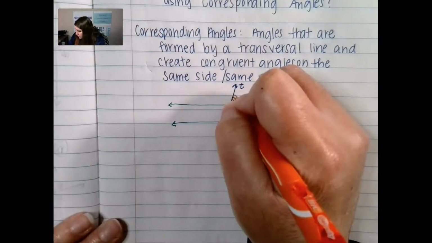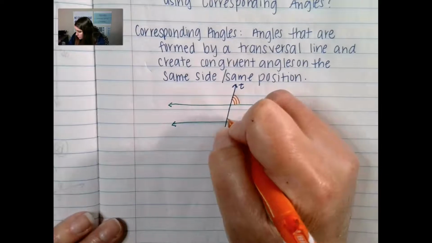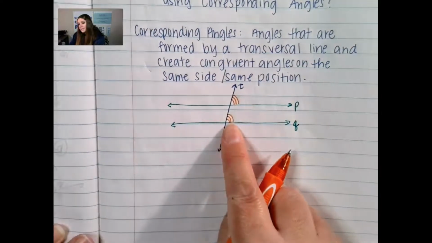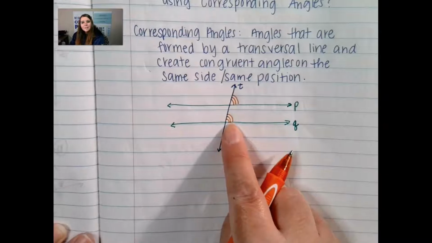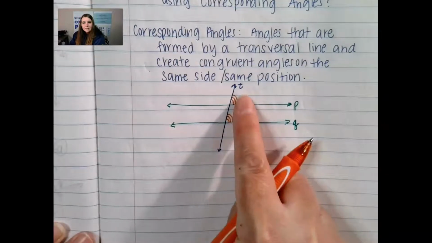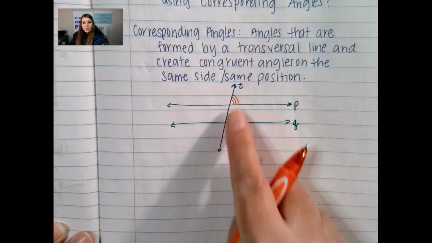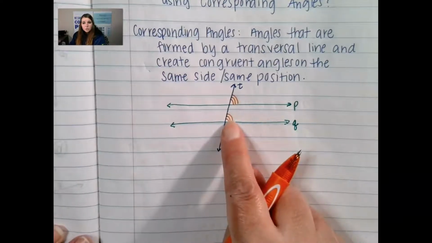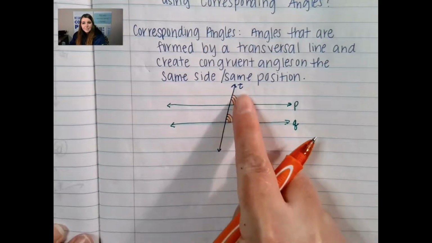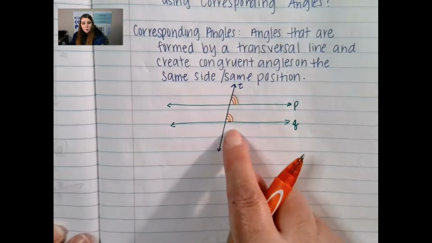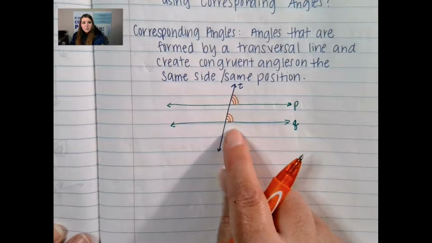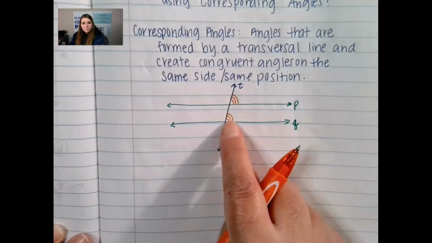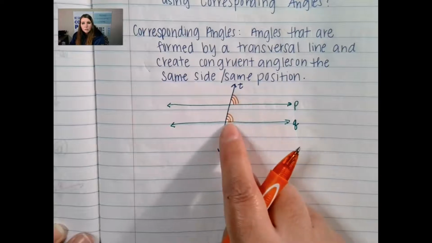It is in the same position and on the same side as this one. Top right-hand corner, top right-hand corner. So if we were to cover the line up, it's in the top right-hand corner of both lines. So whatever number is here is the same here. Okay, so these angles correspond.